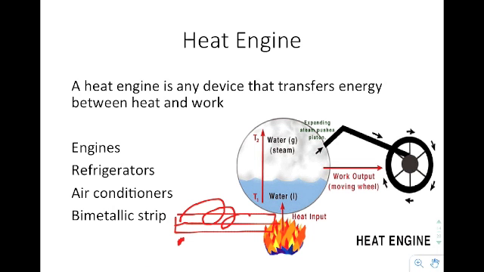An engine is where you use gasoline or some sort of heat to cause a piston to move, and whenever the piston moves, you do work which propels the car forward. A refrigerator actually does work on the gas in the refrigerator. It'll take the air and expand it out.